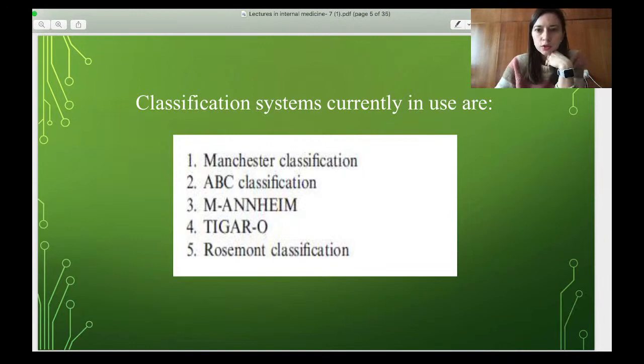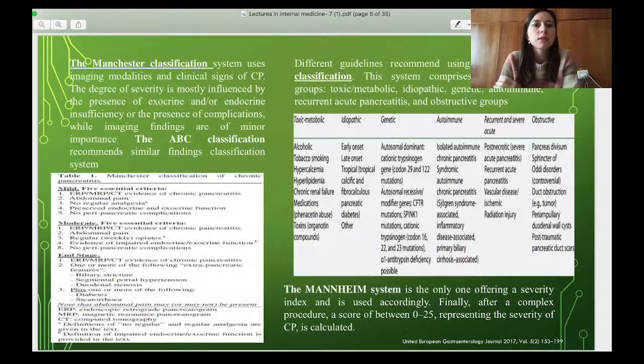The first classification is Manchester. The Manchester classification system uses imaging modalities and clinical signs of chronic pancreatitis.